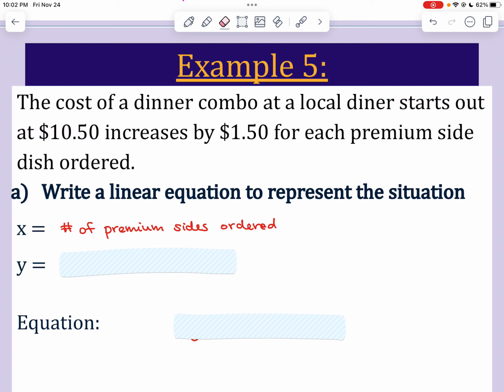So that would be $1.50 for each premium side. For each means we're multiplying $1.50 times X, the number of sides. That should give us Y, which is our total cost of the dinner, once we add and multiply all of these things together.